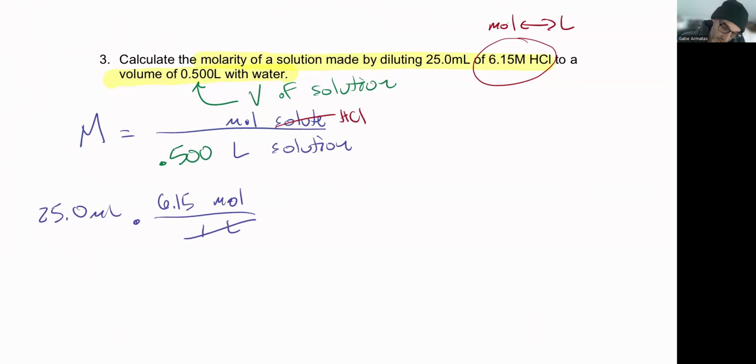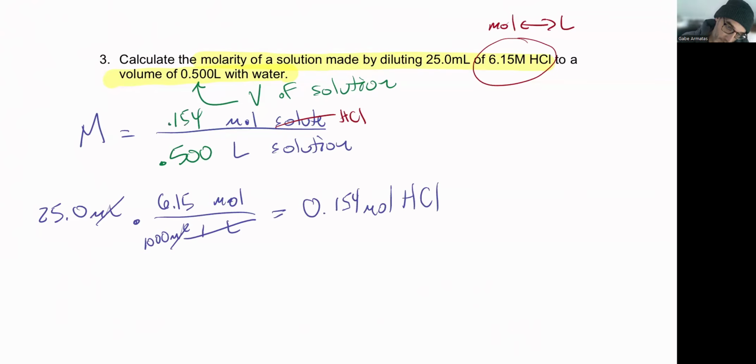Of course, I can just call that 1,000 milliliters. It's going to skip right through that conversion. Mils cancels. We end up with 0.154 moles of HCl.